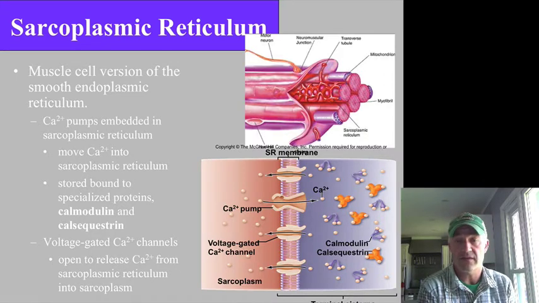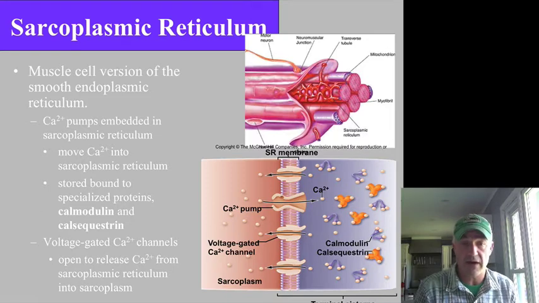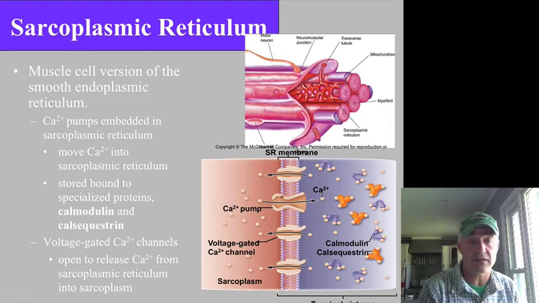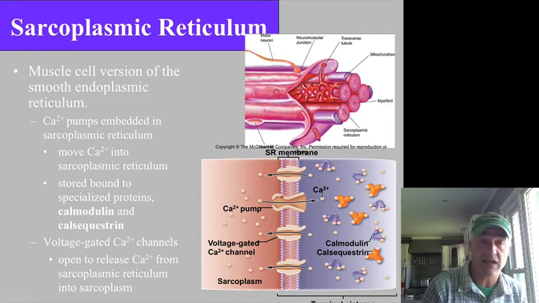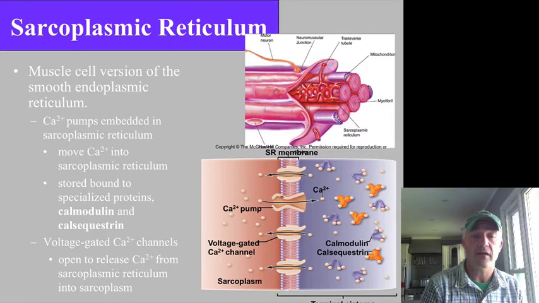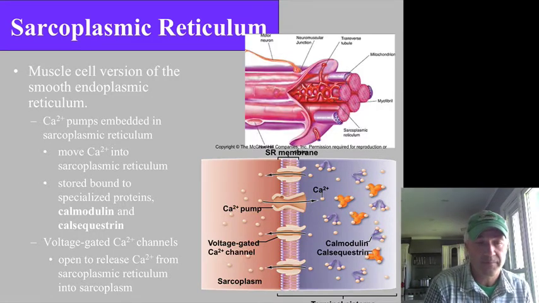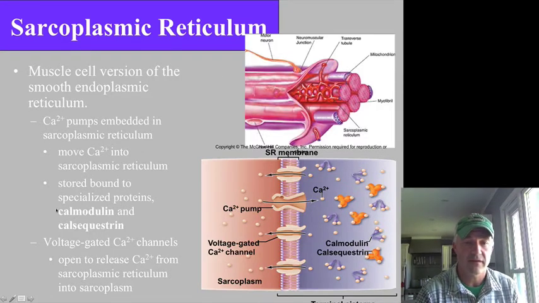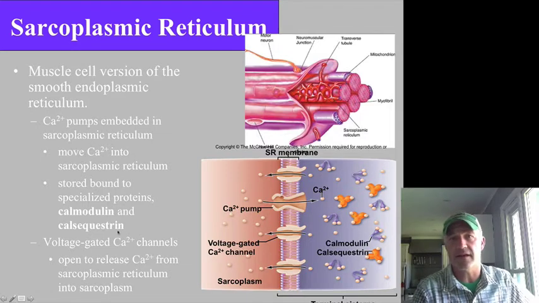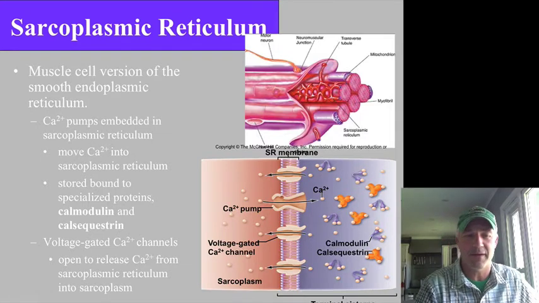So there are little calcium pumps that pump calcium into the sarcoplasmic reticulum, where it's bound up by a couple of different molecules called calmodulin and calsequestrin. It's sequestering the calcium, so calsequestrin. Sorry, just looking at the word, it did not want to come out of my mouth.